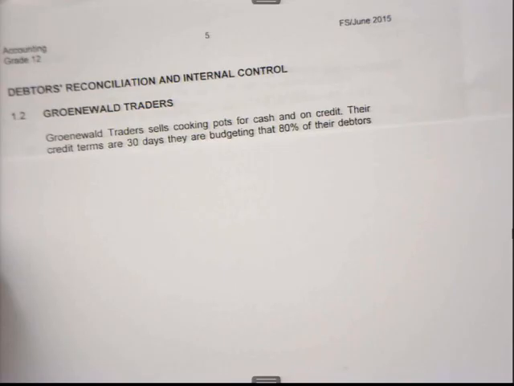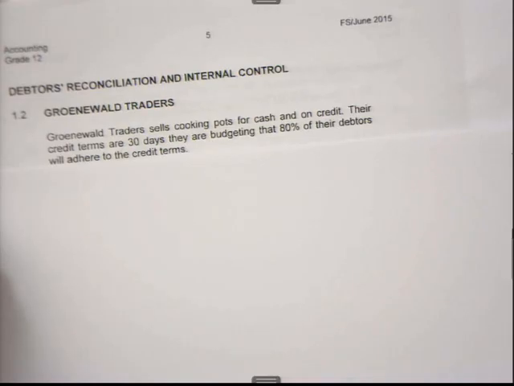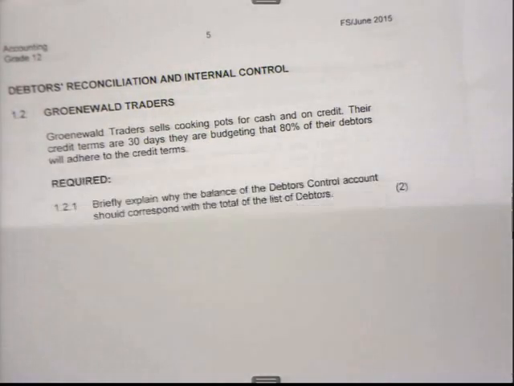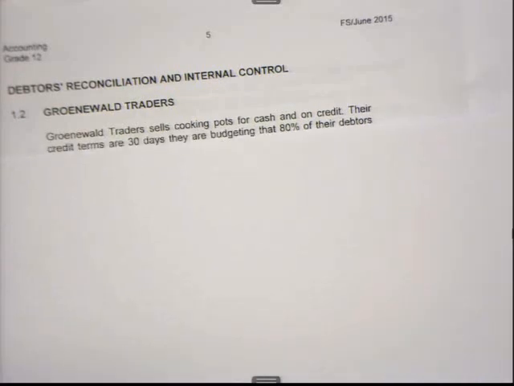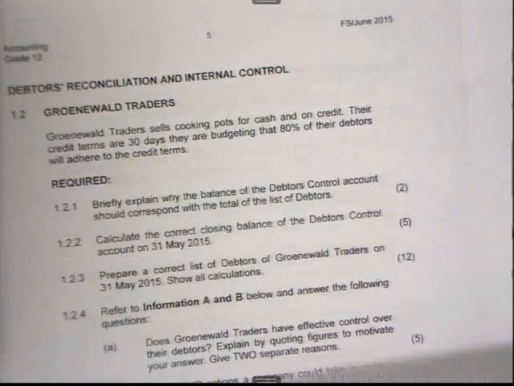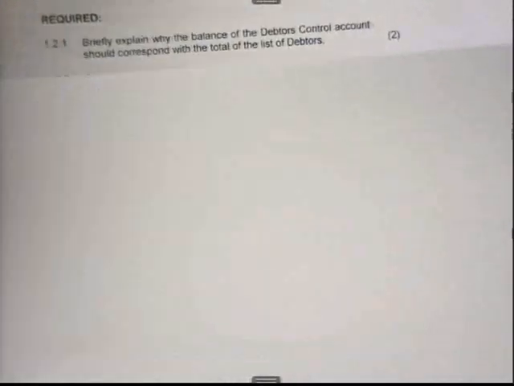They are budgeting that 80% of their debtors will adhere to the credit terms, right? So they give 30 days to pay back, and then 80% of what they've sold on credit, they will collect. Or 80% of that was sold on credit, the debtors will adhere to that credit term of 30 days. Right. Now what is required?